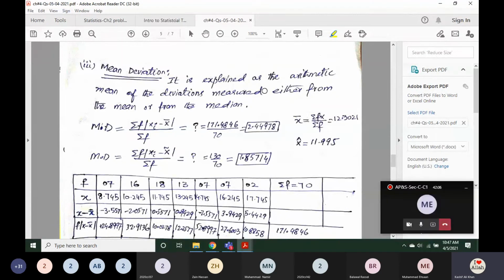That mean deviation is explained as the arithmetic mean of the deviation. Here the deviations are measured either from the mean, so that symbol is used for mean, or the deviation taken from the median. So x tilde sign, that notation is normally or usually used for the median notation.